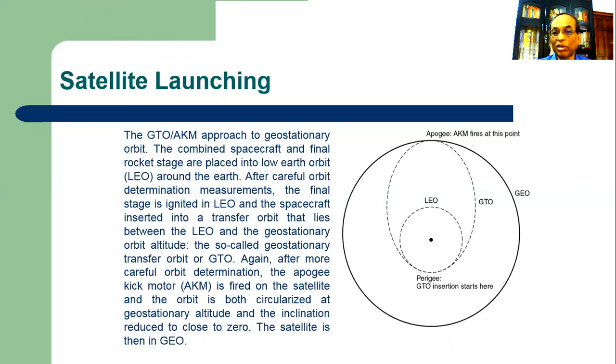This is the transition orbit between the LEO and the GEO, but it is fully elliptical, and the Earth is right at one focus. The dot is at one focus. So the final stage is ignited in LEO, and the spacecraft is inserted into a transfer orbit that lies between the LEO and the geostationary orbit altitude, the so-called geostationary transfer orbit, or GTO.